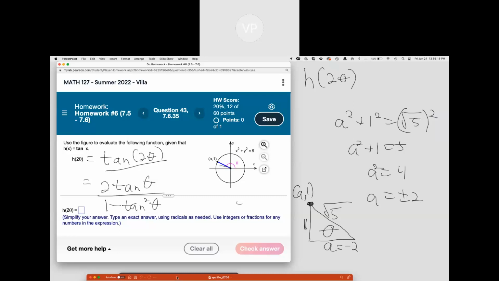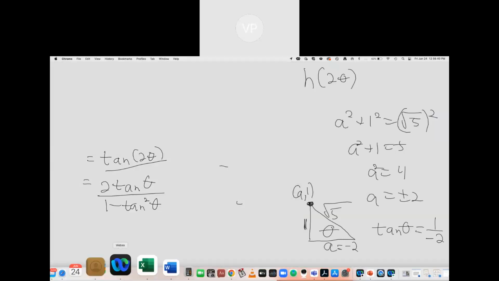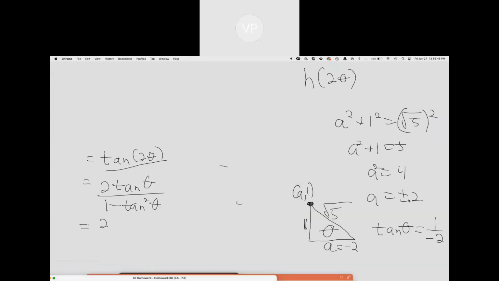So remember, based on my triangle, I know that the tangent of theta, regular theta, is going to be 1 over negative 2, or negative 1/2. All right? Remember, y over x, we have that. So I'm going to replace each of these in my formula with that right there. So we get 2 times negative 1/2.